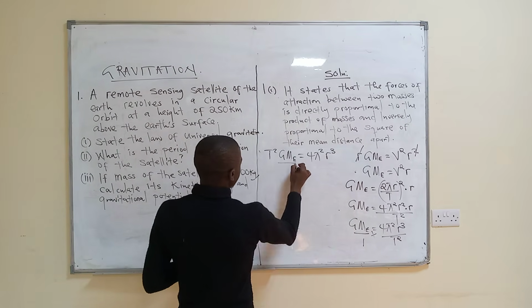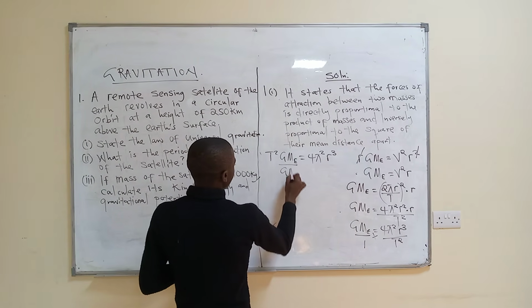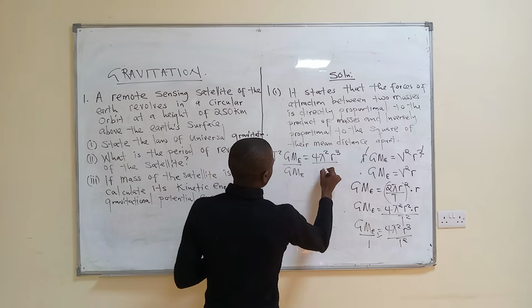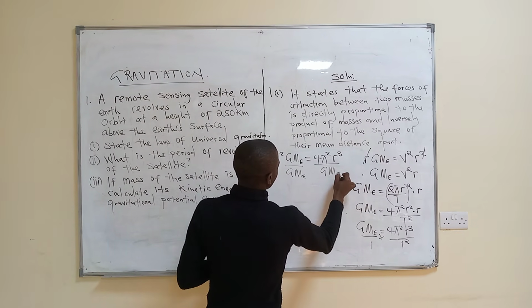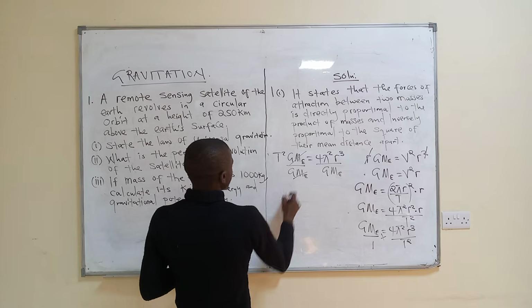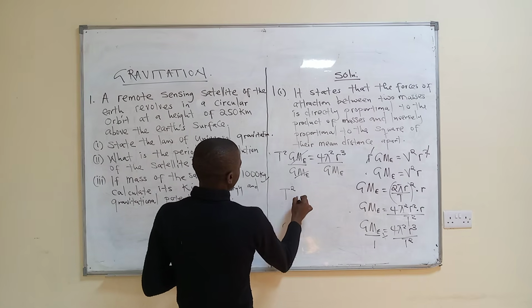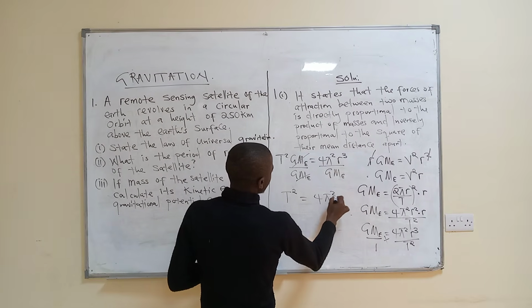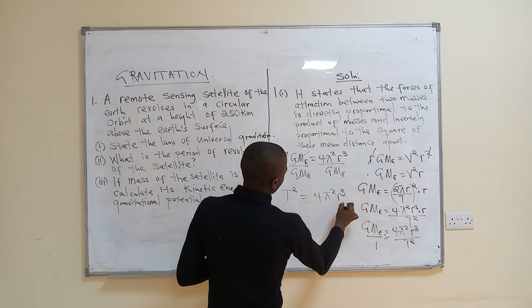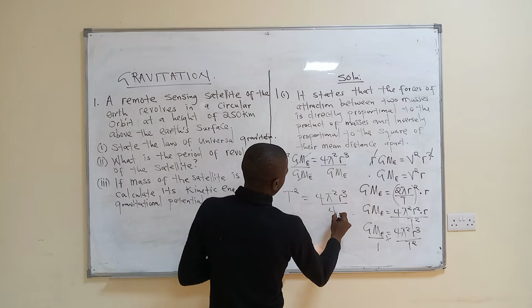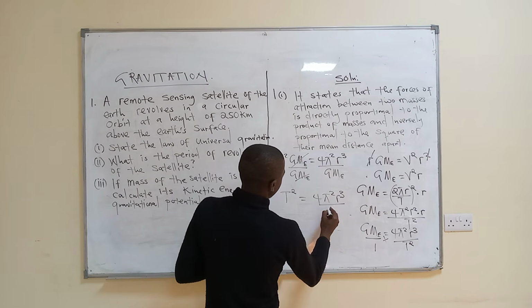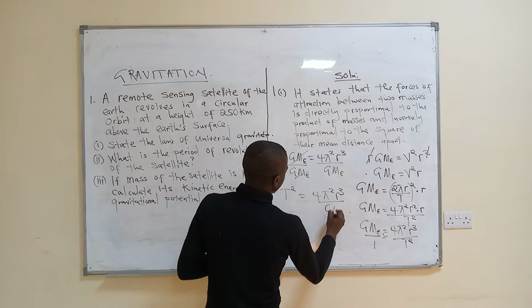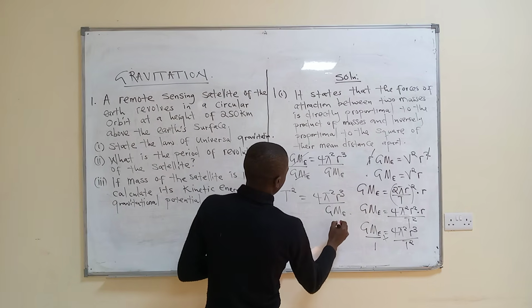Divide both sides by G Me, and you cancel, so T squared equals 4 pi squared r cubed over G Me.